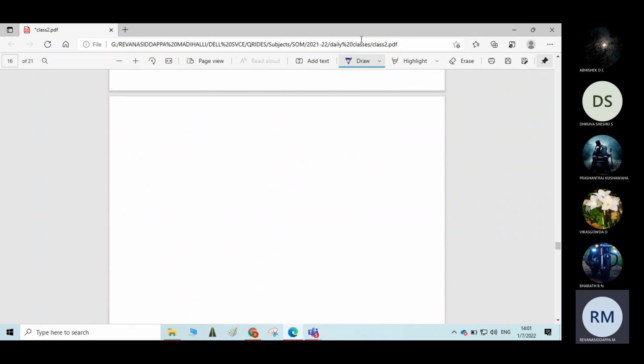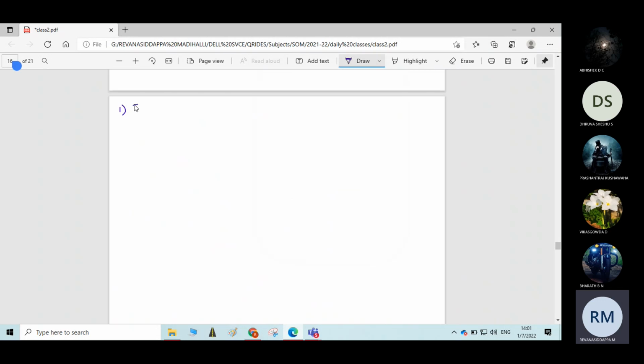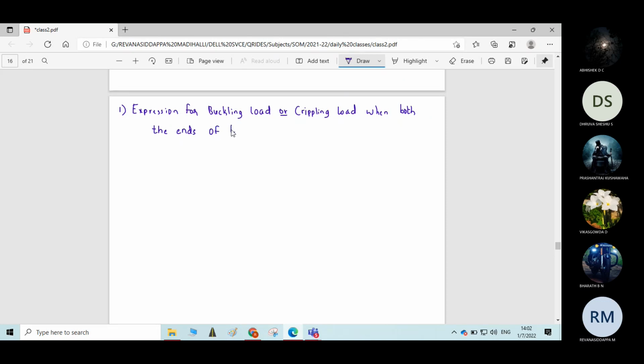Now write the headline, all of you write along with me: expression for buckling load, or it is also called crippling load, when both the ends of the column are hinged.